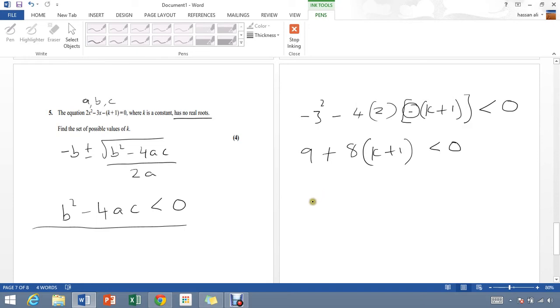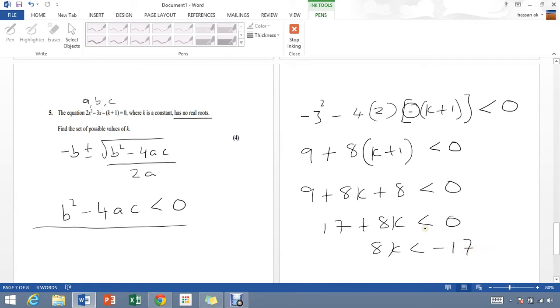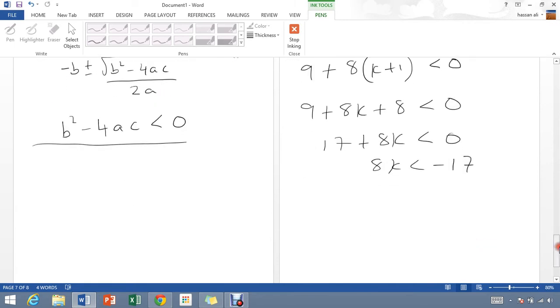Okay, 9 plus, if we multiply this out, we have 9 plus 8k plus 8, and it has to be less than 0. 9 plus 8 will equal 17 plus 8k, all has to be less than 0. 8k will be less than minus 17, and you guessed it, k has to be less than minus 17 all over 8.